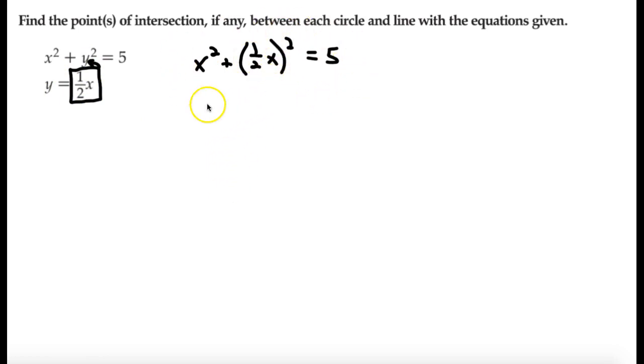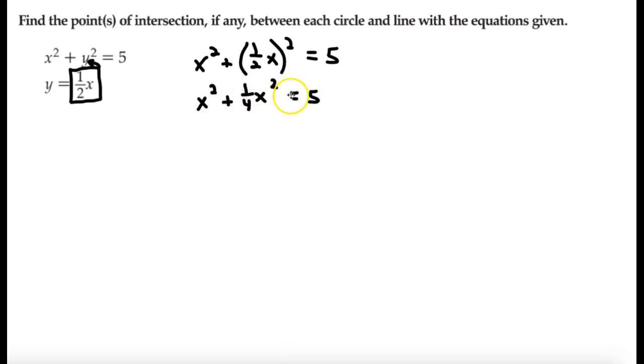So now, to solve something like this, well, first I want to square 1/2 x. So remember, whenever we're squaring something like this, we need to square both pieces. I need to square the 1/2 and I need to square the x. So 1/2 squared, if I square 1, I get 1. If I square 2, I get 4. So 1/2 squared is 1/4, and then x squared is x squared.